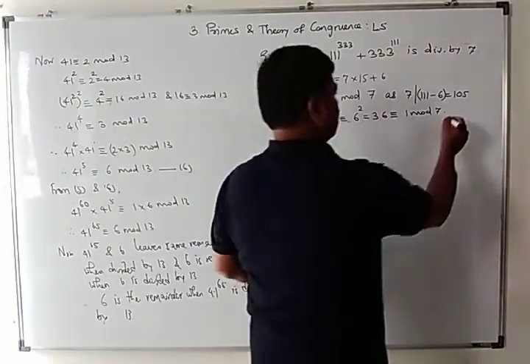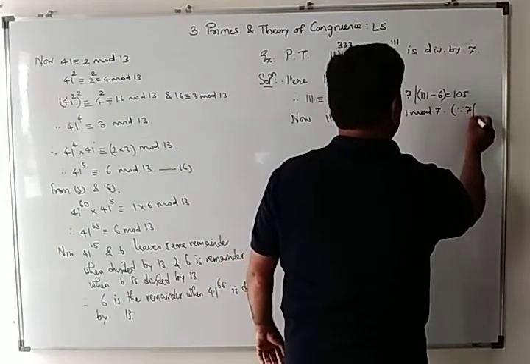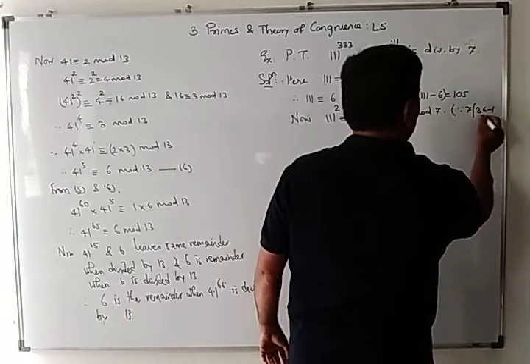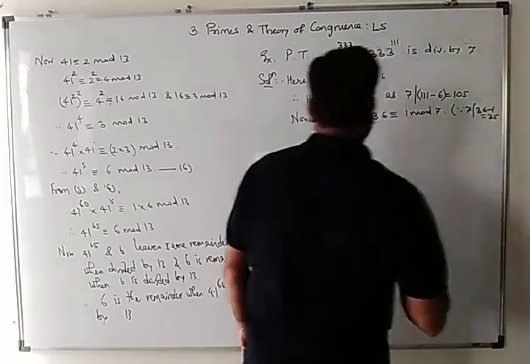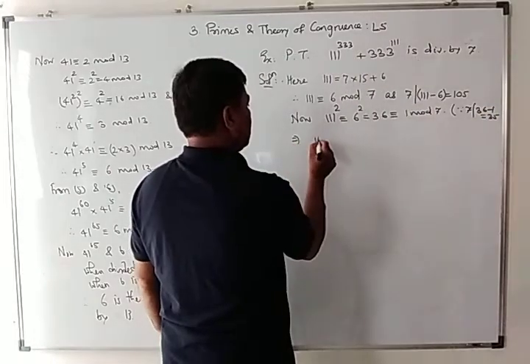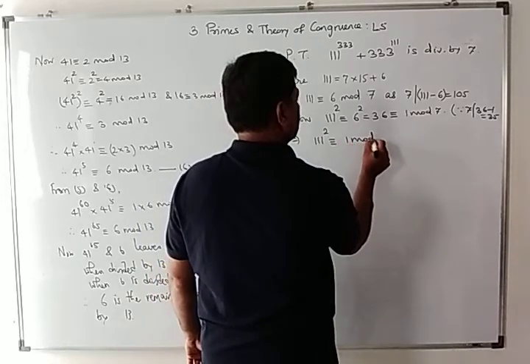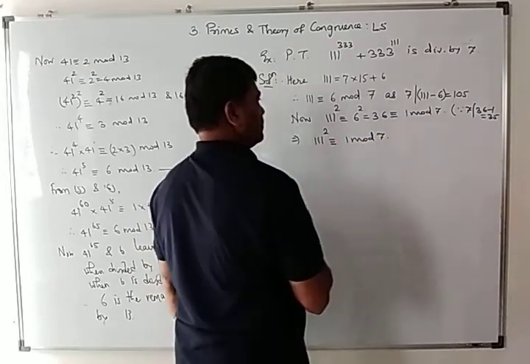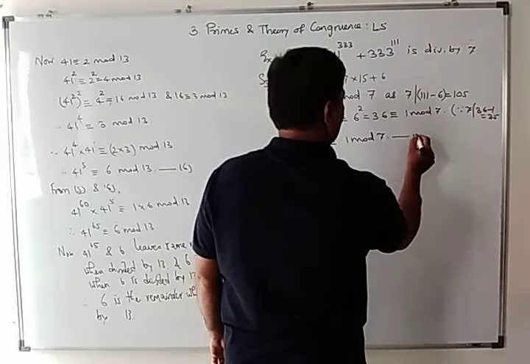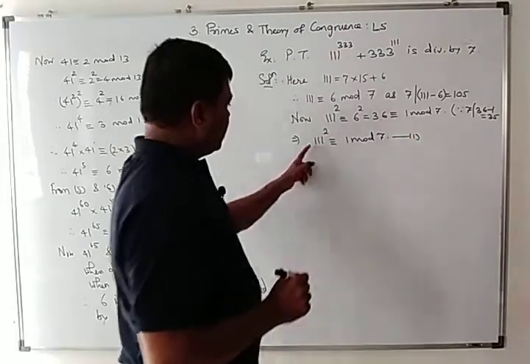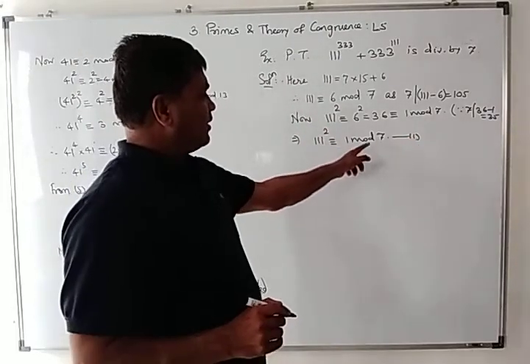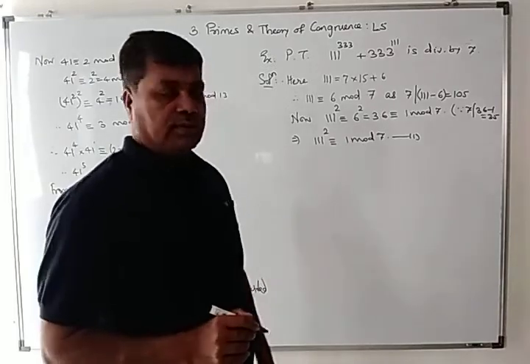Seven divides 36 minus 1, which is equal to 35, which implies 111 square is congruent to 1 mod 7. Okay, this is 1. So if I divide 111 square by 7, remainder is 1.